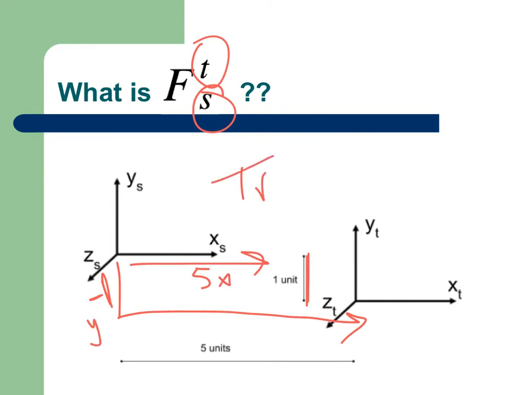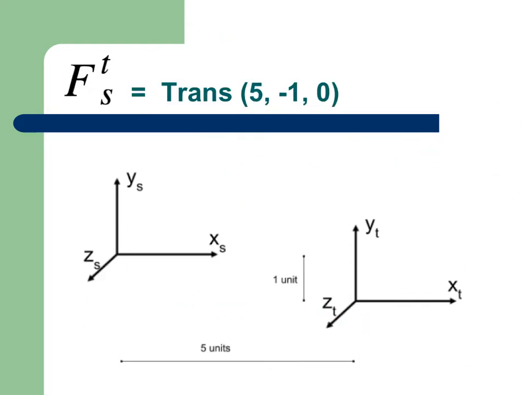So when we write our trans statement, we're going to say we're trans 5 in the x, negative 1 in the y, and then 0 in the z direction, because of the way I've drawn this, it indicates that both of these actually lie right flat on the screen.